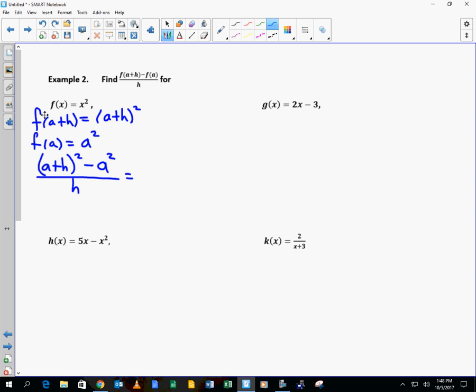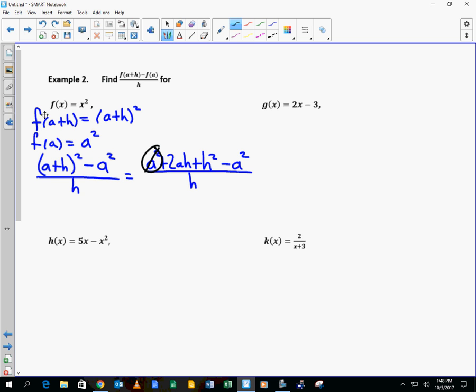If I multiply a plus h squared out, what do you get? So what's nice is everything that doesn't have an h attached to it will find a way to cancel. If it doesn't, you did something wrong. So what cancels?